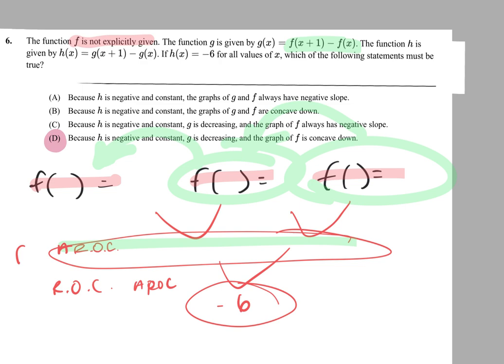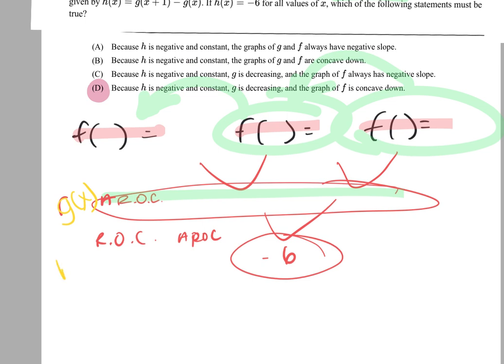This is g of x. And then h of x is the rate of change of the average rates of change, which is negative, so it's decreasing. And if the average rate of change is decreasing, it's concave down. Does that make sense? Okay.